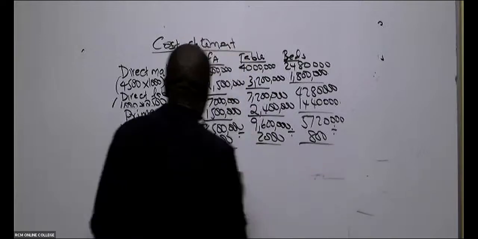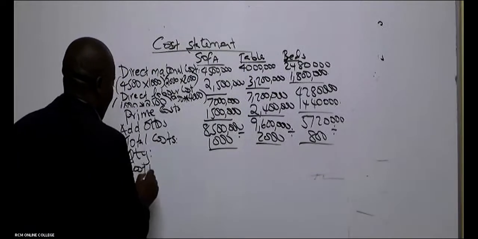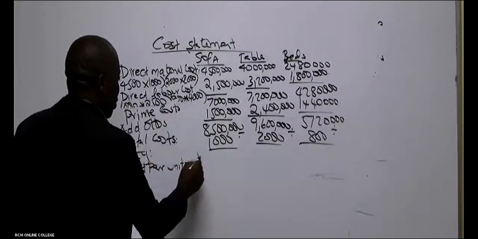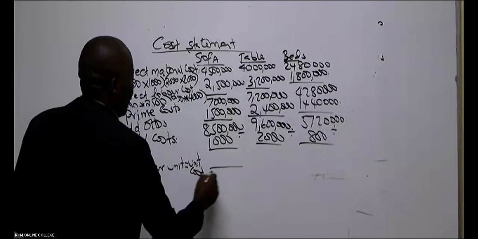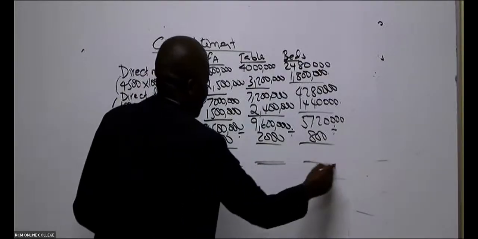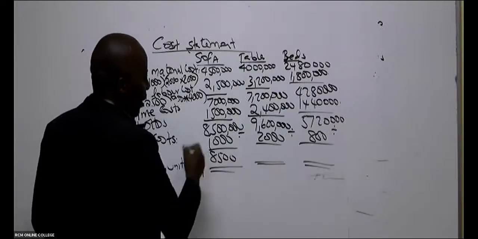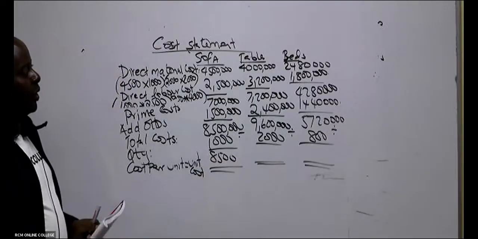So doing that, will you be able to give me cost per unit? What they are calling unit cost. We are dividing, remember. So the first one will be 8,500.